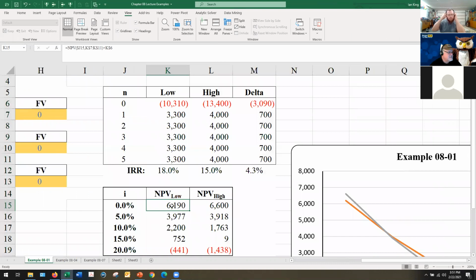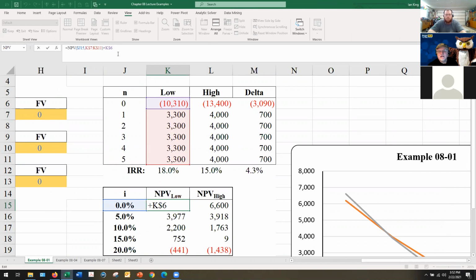All I did was calculate net present value for each one. These are my cash flows, low and high. I said, give me the net present value of these cash flows at 0%. I used the net present value function with 0% interest, K7 through K11, $3,300 a year.